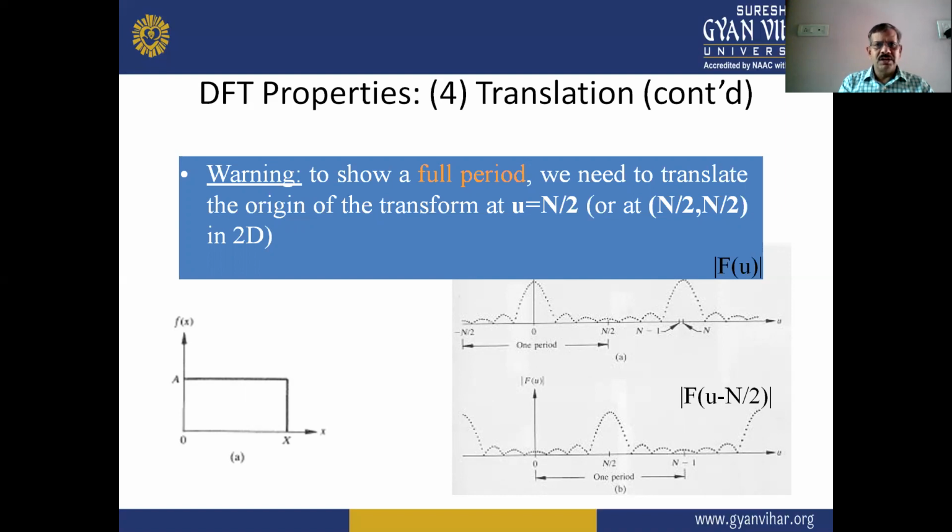To show a full period, we need to translate the origin of the transform to u equal to n/2, or (n/2, n/2) in the 2D case.